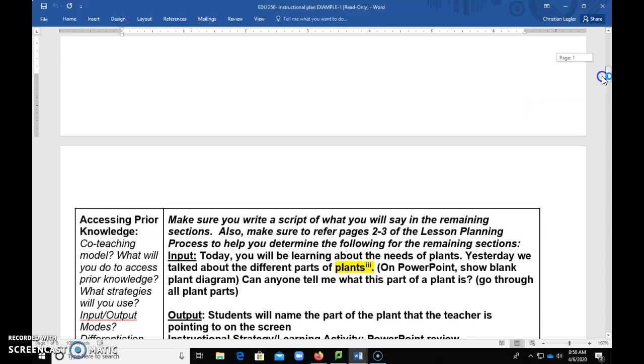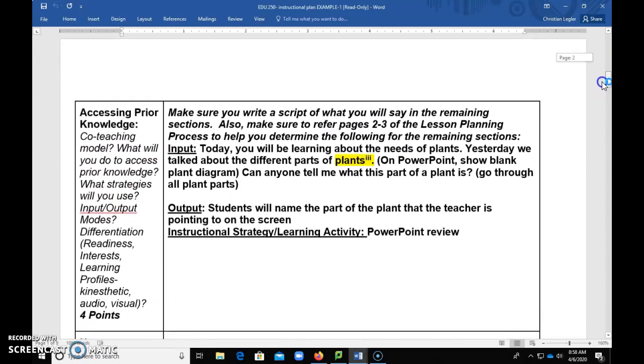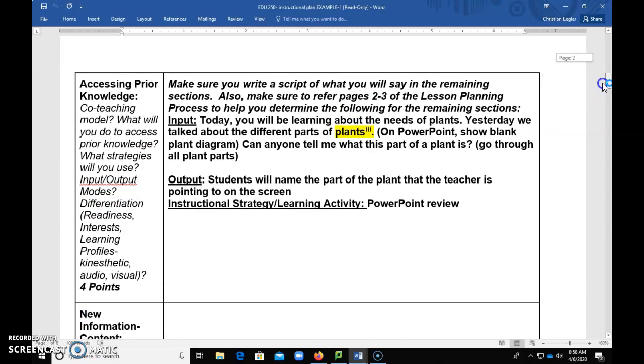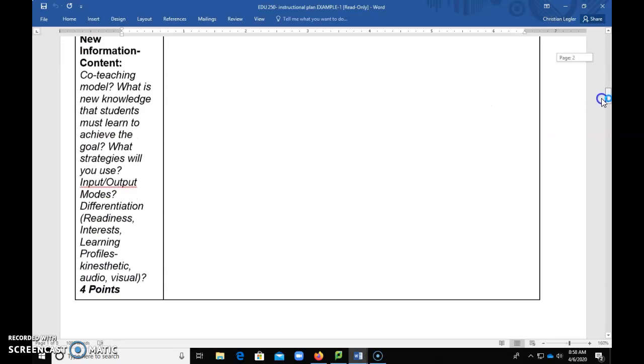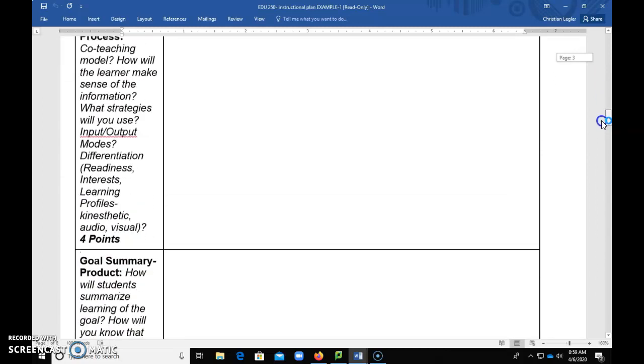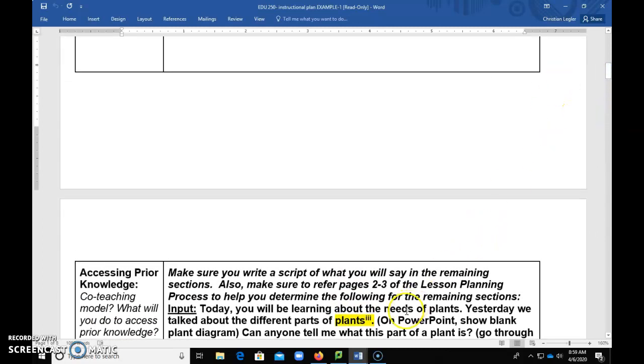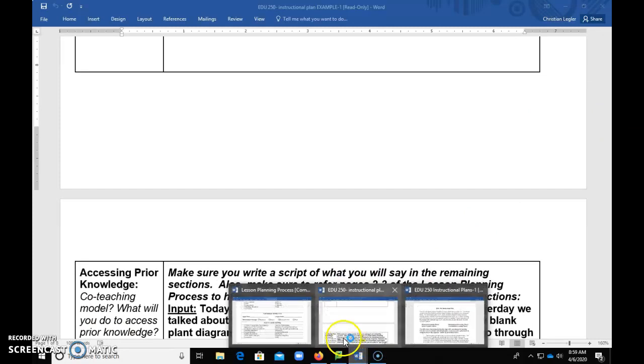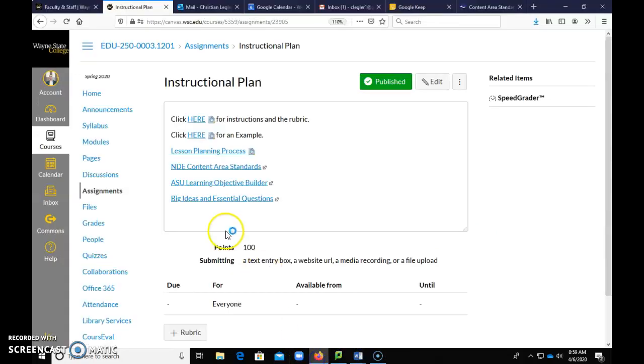So the rest of the lesson plan, you'll see on the left side column, accessing prior knowledge, new information content, applied knowledge process, goal summary, product. This all stems from, if you look here, you'll see the lesson planning process.